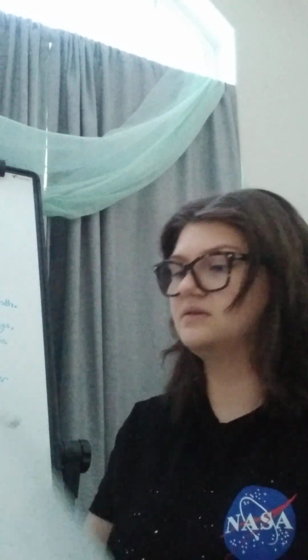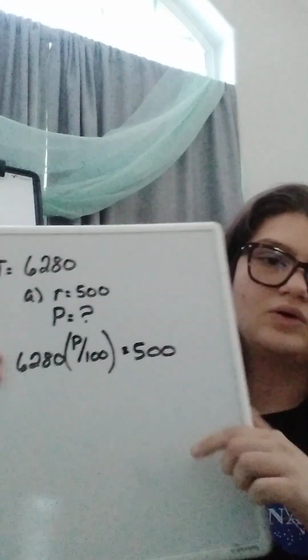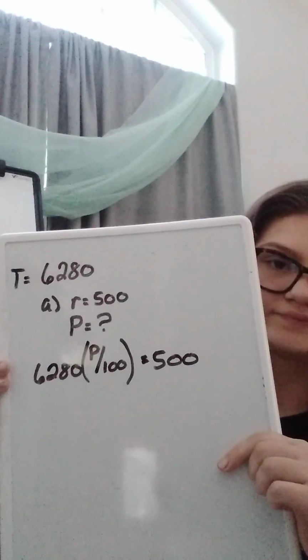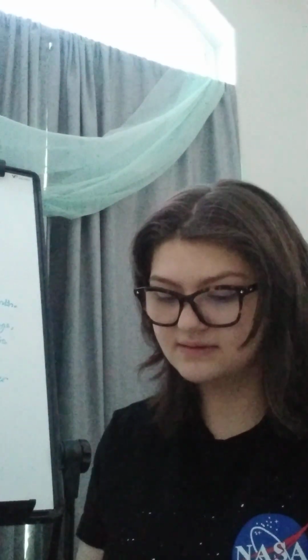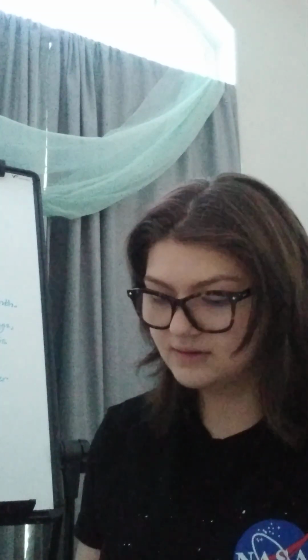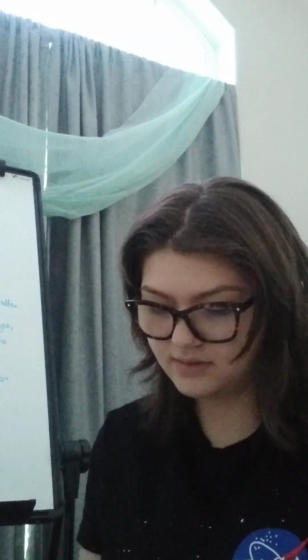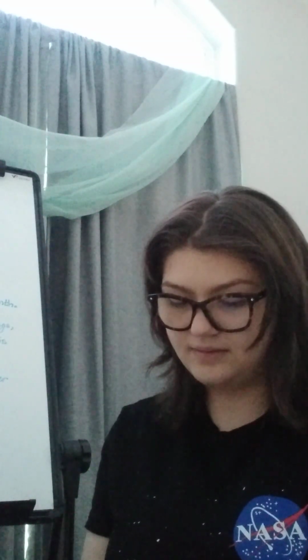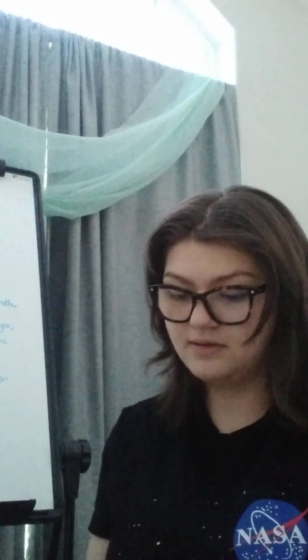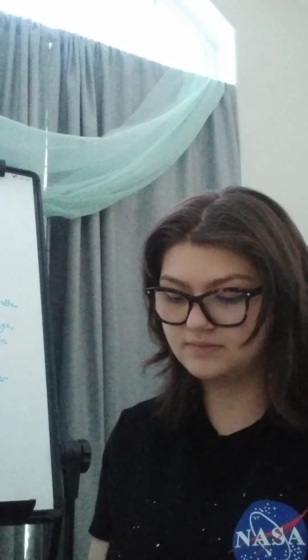So this is what we have. If we go ahead, 6,280 times 1 over 100, so this is going to knock this to 62.8. P, capital P, is equal to 500.